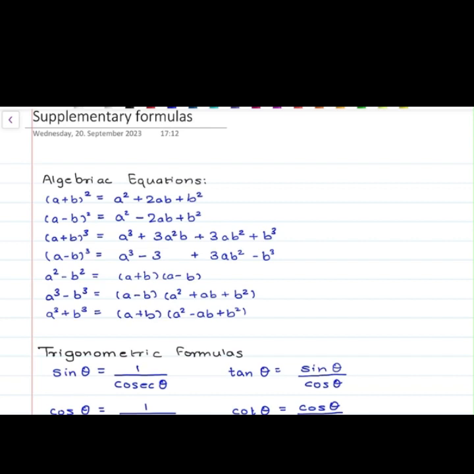So you need to know how to simplify the equation so that it becomes easier to integrate, because we all know we just need a formula for integration and everything else is just simplification. Okay, so I'll rush through these formulas super fast.